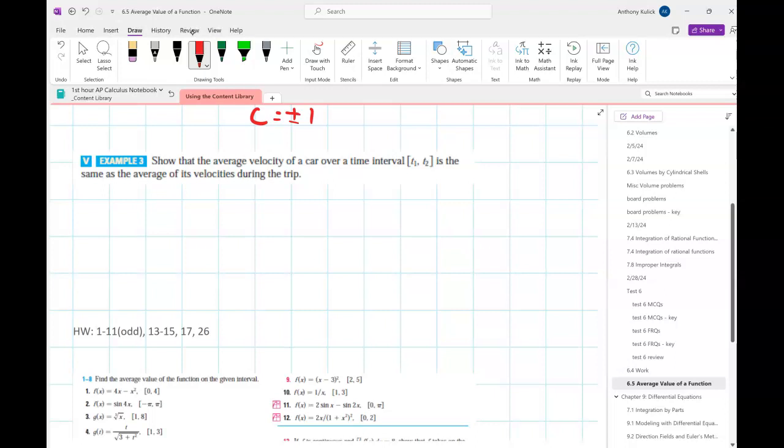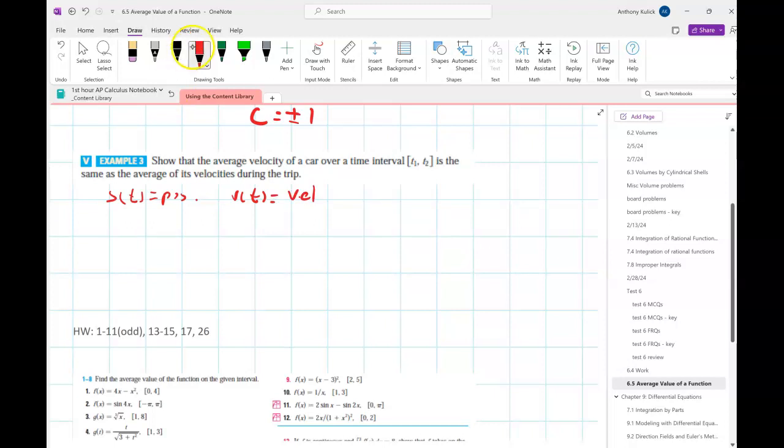So let's say that s of t is our position function. And we'll say v of t is our velocity function.